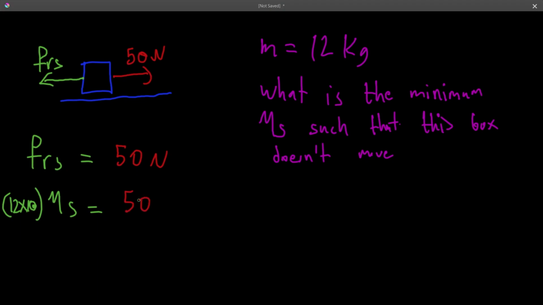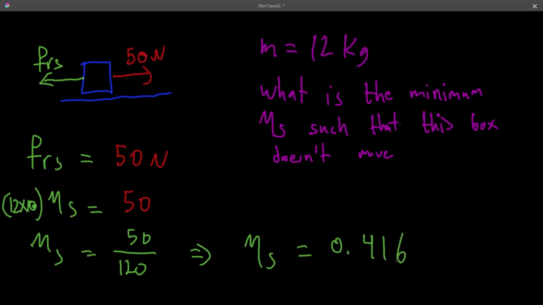So that means mu s is equal to 50 over 120. If you just multiply 10 by 12 and divide by that, you'll get mu s. Alternatively, you could just shift solve on your calculator. You'll get that the minimum mu s is about 0.416.